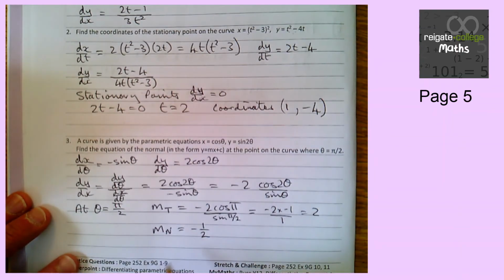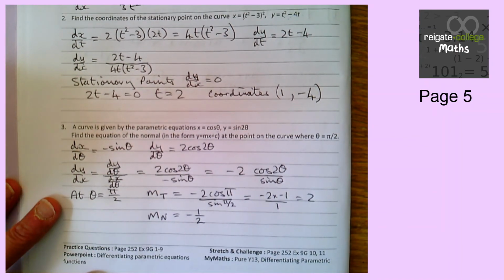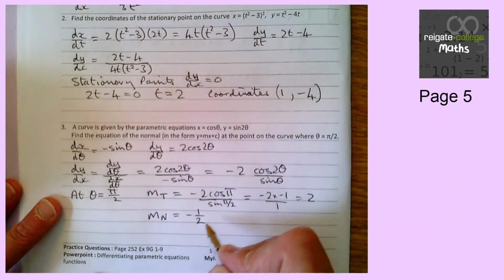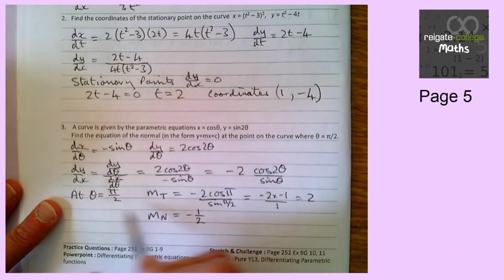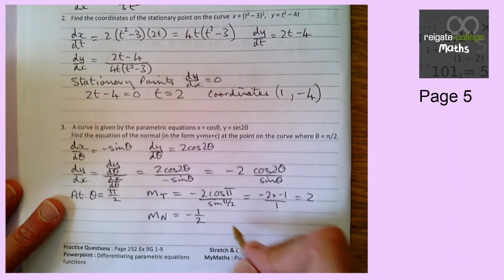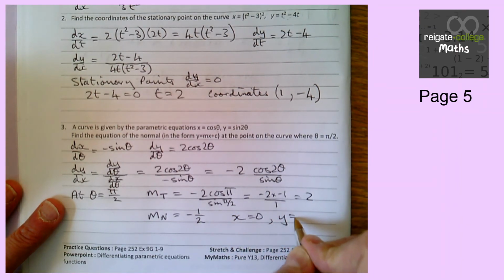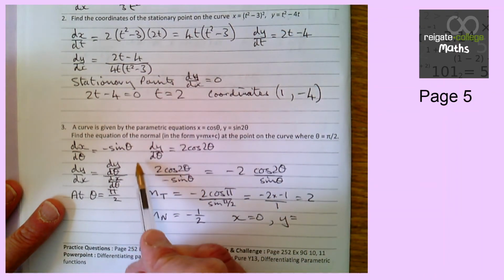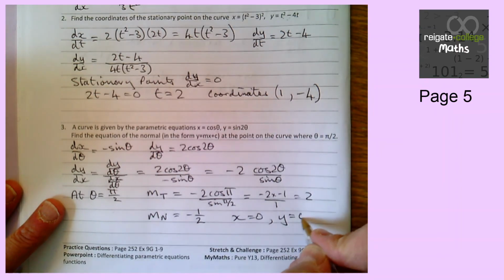And we also need the x and y coordinates to find the equation of the graph. So at theta is pi over 2, if we put pi over 2 in there, cos of theta is going to be 0. So x equals 0, y equals sine of 2 times pi over 2, so sine of pi, which is 0.